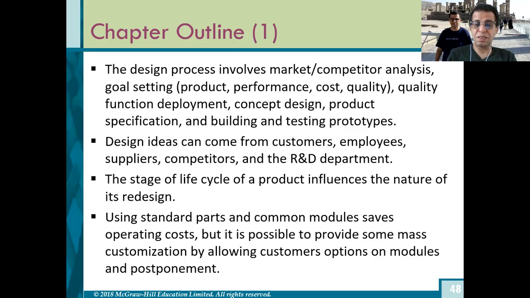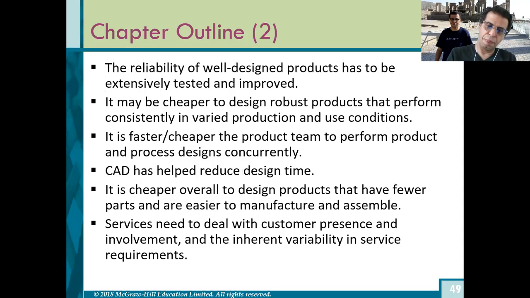We talked about the stage of the life cycle of a product influencing the nature of its design. We touched on using standard parts and common modules to save operating costs, but it is possible to provide some mass customization by allowing customers options on modules and postponement, like a tailor or Dell.